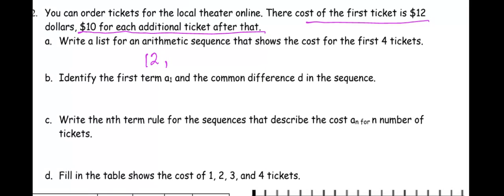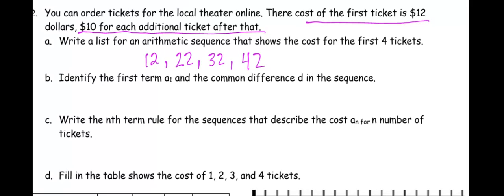The second term represents the cost for 2 tickets. That means I need to pay $12 for the first ticket and $10 for the second ticket. That means 10 plus 12 is 22. And then for 3 tickets, I need to pay $10 extra. So that's 32. And for 4 tickets, I need to pay $10 extra. That means 42. So that's the list, or the sequence, representing the cost for the first 4 tickets.